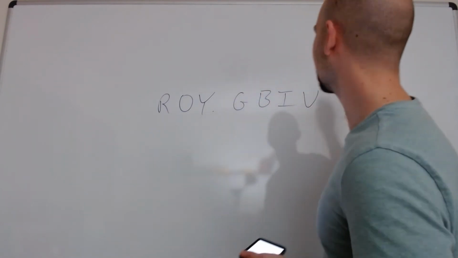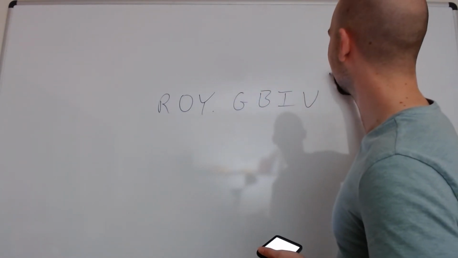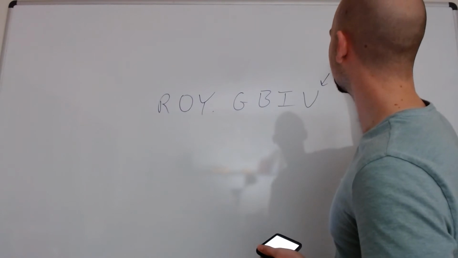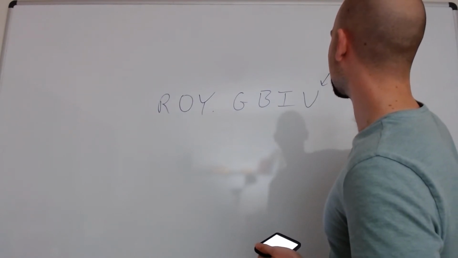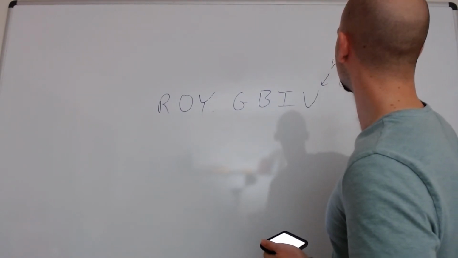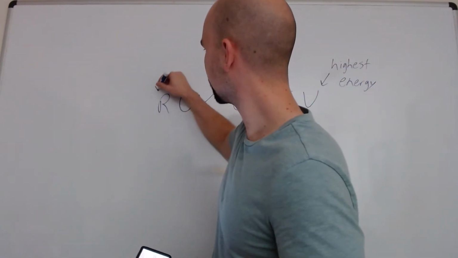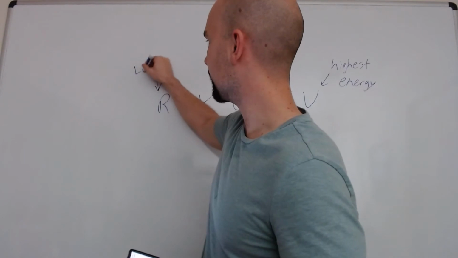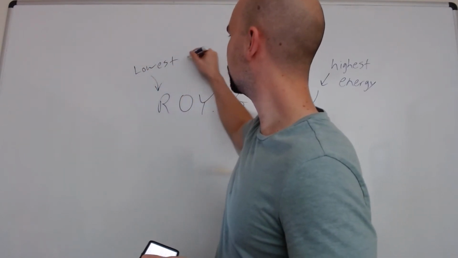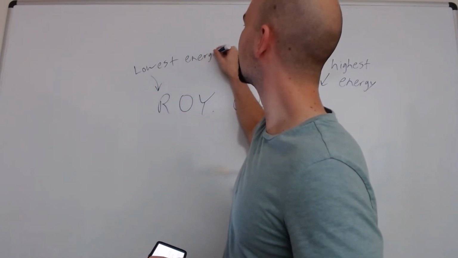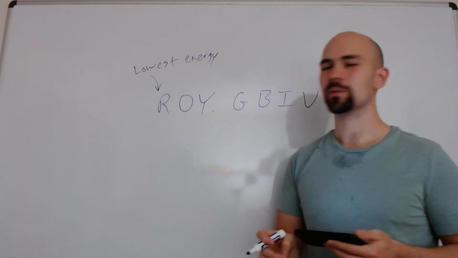That's going to be violet. So this is going to be the highest energy side, because it's the side with the highest frequency. And then the R is going to be the lowest energy side. And remember, heat is a form of energy.